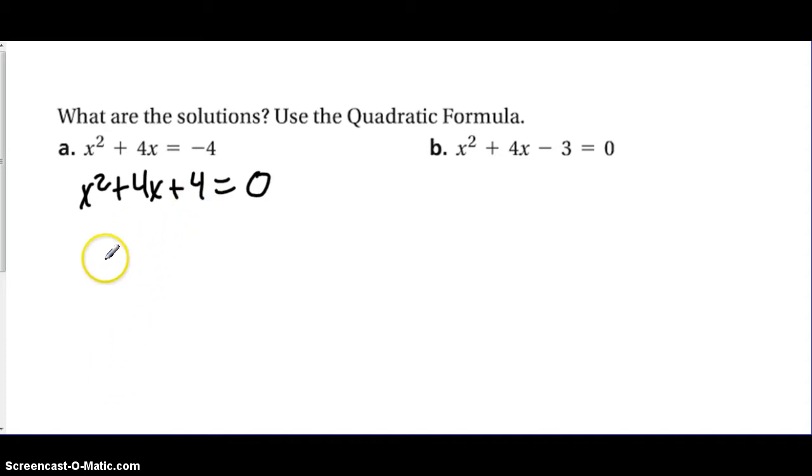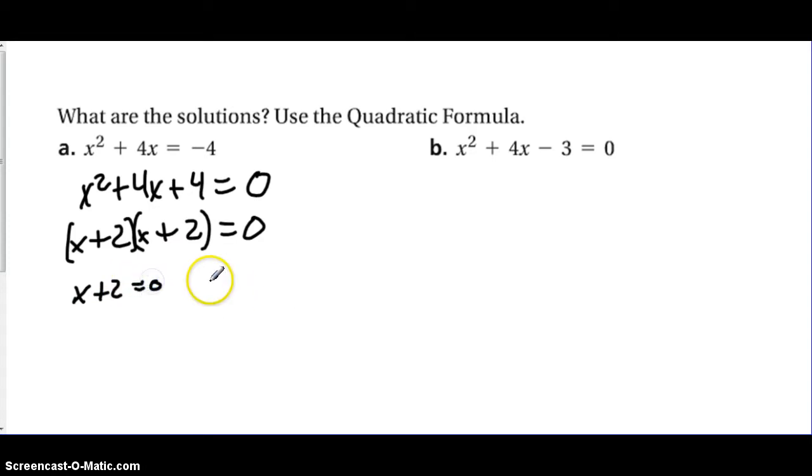I can think of 2 and 2, so perhaps we can factor this one right away. Let's find out. Factors of 4 that add up to 4, and set each factor equal to 0. And x is going to equal negative 2, and x is going to equal negative 2 here.